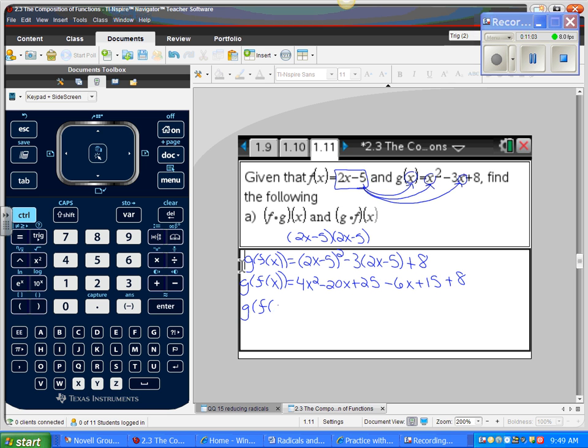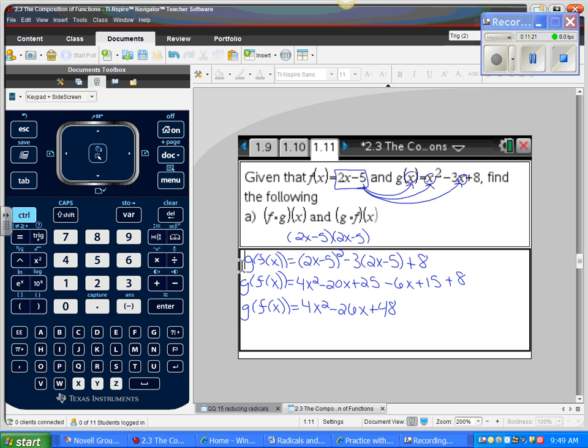Combine my like terms. We have 4x squared, negative 20x, minus 6x gives us minus 26x, plus 25 plus 15 gives us 40 plus 8 is 48.